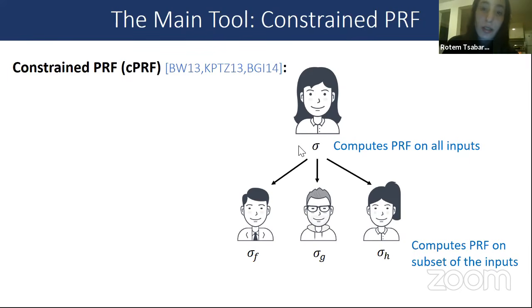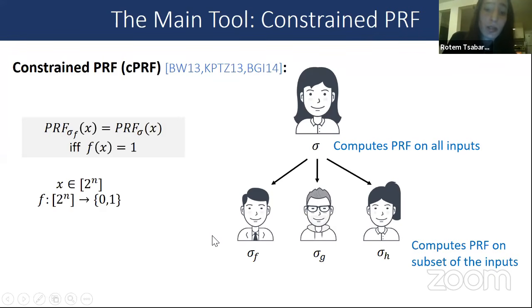But in addition, it's possible to use this master seed to generate constraint seeds. A constraint seed will be associated with some poly-size circuit f. And the idea is that it is possible to compute the PRF value using a constraint seed for f only if f of x accepts this input x.